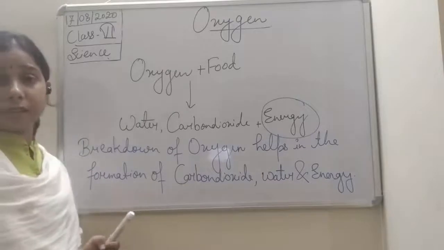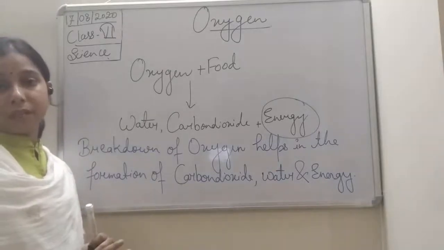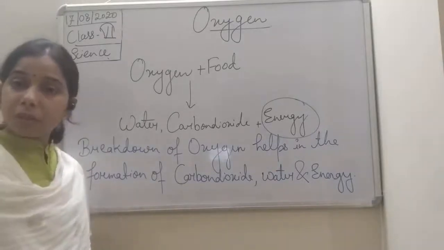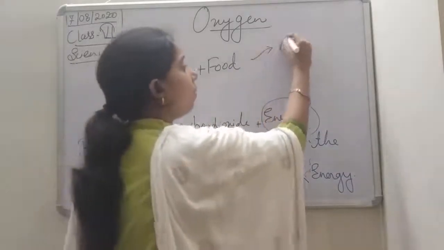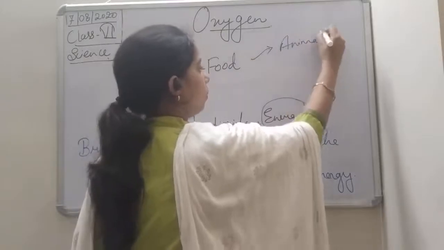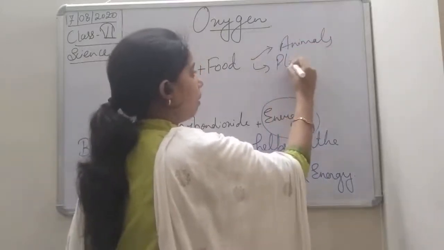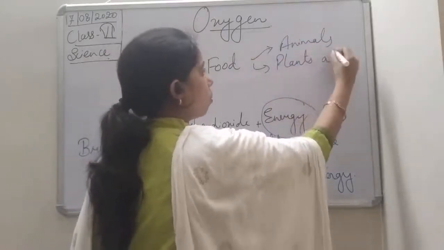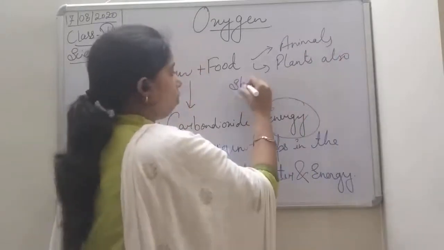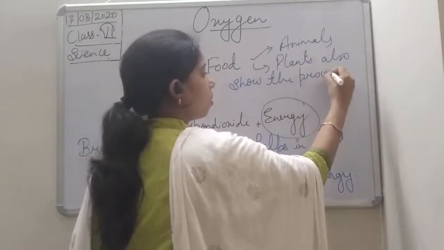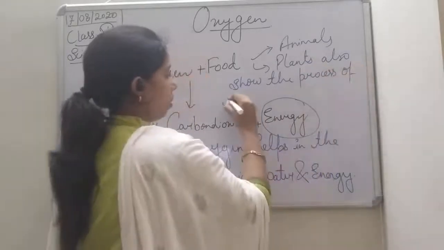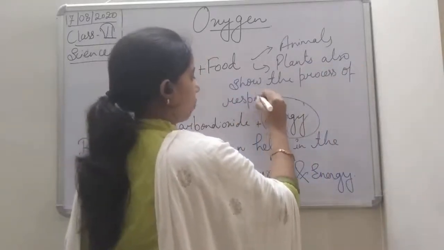Now the question arises, does this process of respiration occur in animals only, students? No. You know very well that not only animals but plants also show the process of respiration.